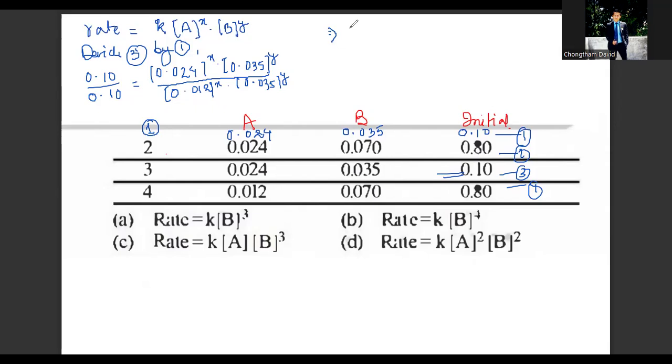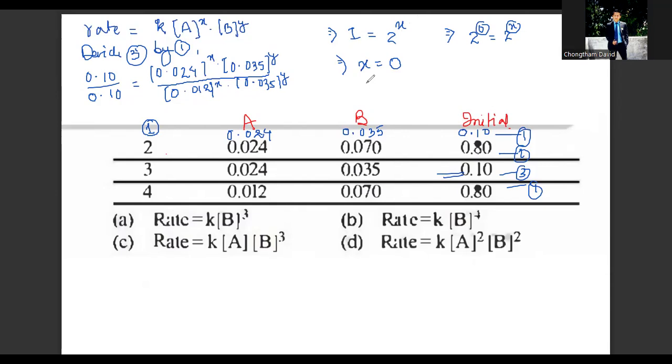What is left here is 1. And if I cancel this 0.12 and 0.024, it is 2 times, so 2 to the power x. I can write here that anything raised to the power 0 is 1, so it must be 2 to the power 0. I hope you're getting this. So compare these exponents, and you get x equals 0.